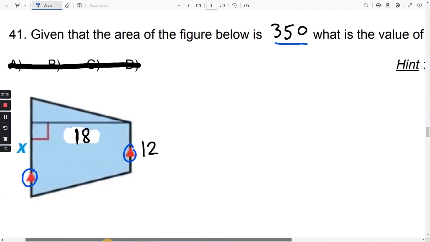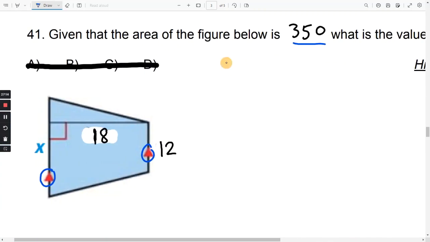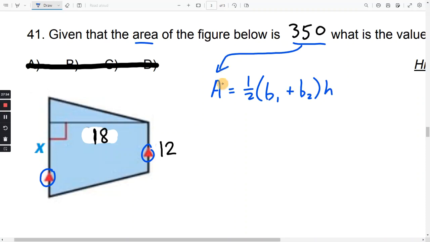Anyhow, let me rewrite here. The area is going to be 1/2 b1 plus b2 times h. Now, it's given that the area is 350, so we need to plug that in and work backwards. All right, the area is 350, and that equals 1/2. The bases are the parallel sides.